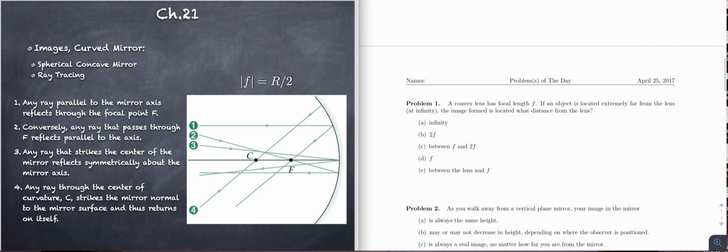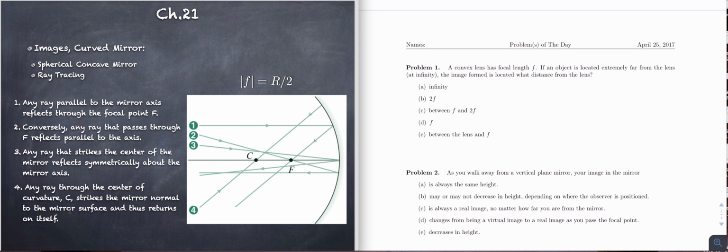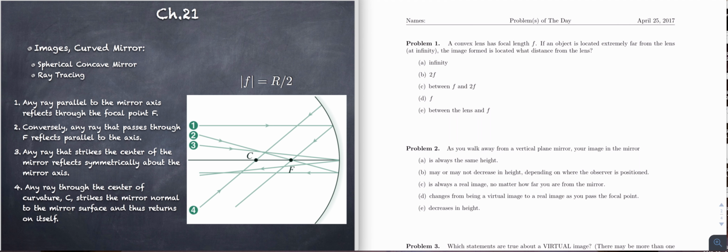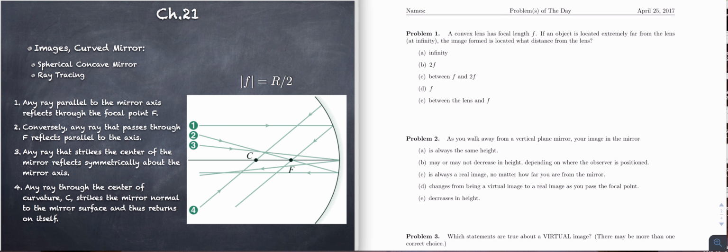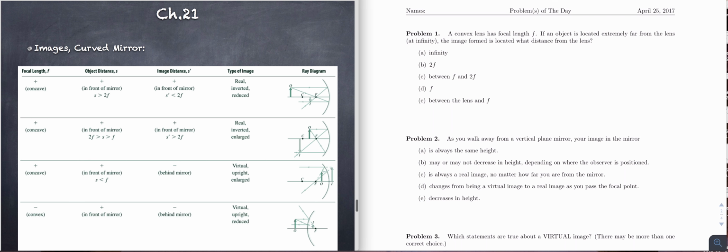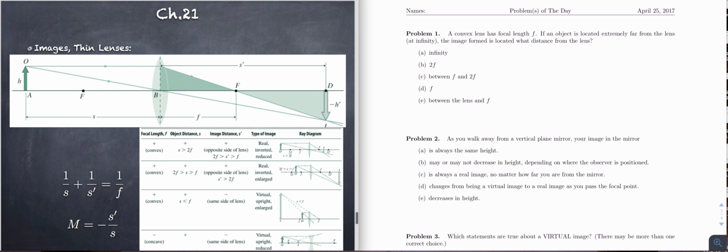So here's one of the problem of the day sheets that's posted on Brightspace for chapter 21. And here's already an example. In this example, we have problem 1, a convex lens. Just to keep things straight, concave, oh, that's for mirrors. Here it's for lenses.